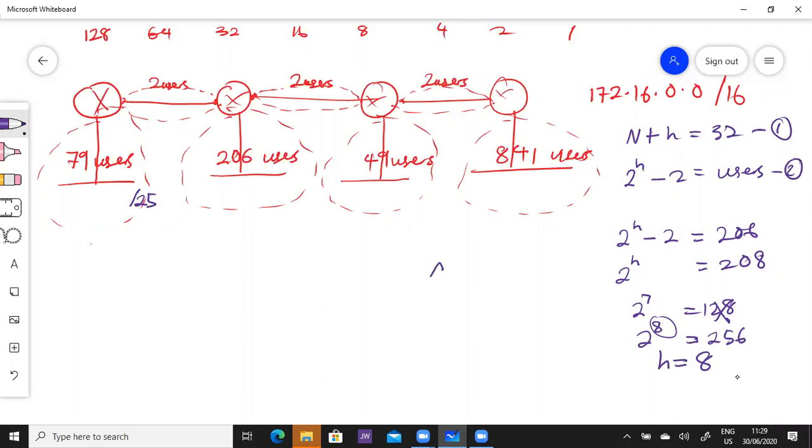So n plus 8 is 32, according to equation 1. Our n will be 32 minus 8, and n will be 24. So for this, we need a /24.